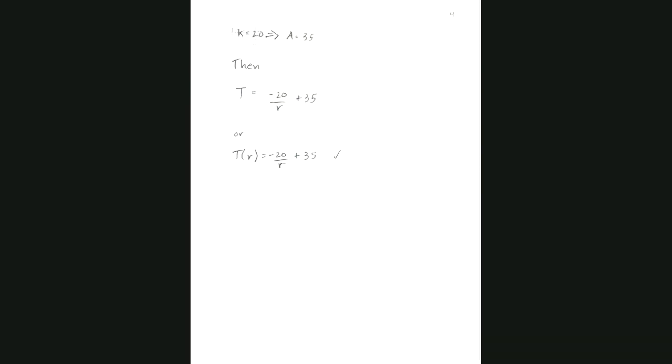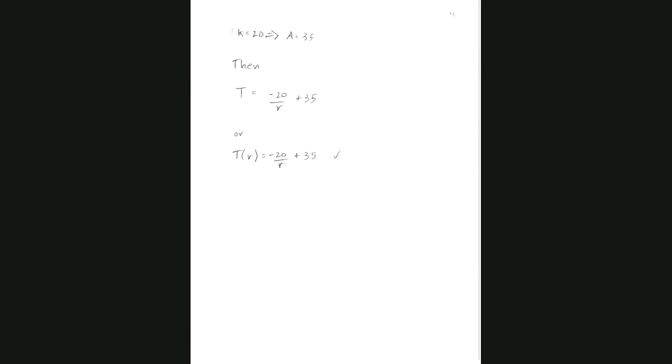If k equals 20, a is 35. Remember, this is our solution, but we have to solve for k and a. We found out k is 20. Well, if k is 20, then 20 plus 15 is 35. And so a is 35, and you have the answer.